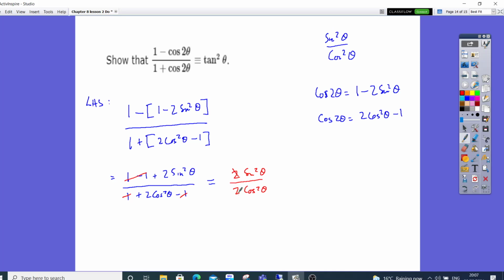I'll end up with sine squared theta over cos squared theta, which is what I wanted, and that is the same as tan squared theta, which is equal to the right hand side, again QED.